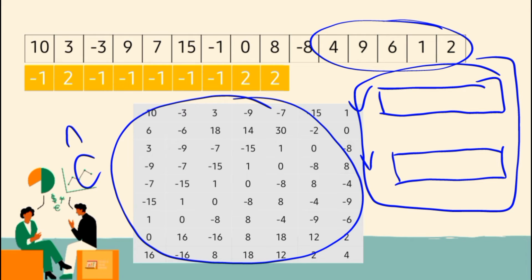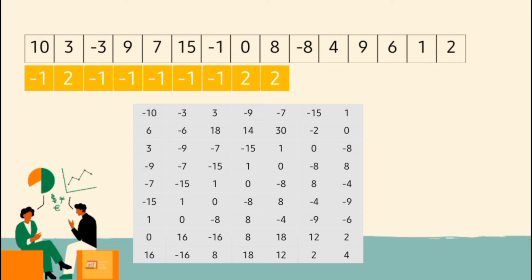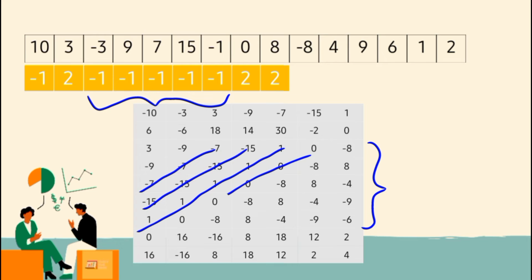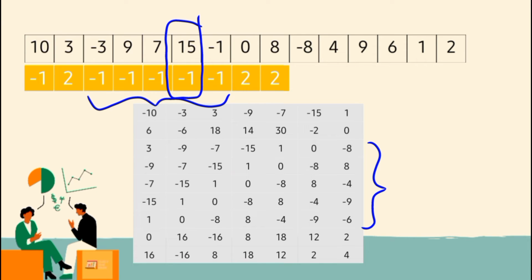Because let me show you this. For example, from the third element to the seventh element, they are all -1. So from the third row until the seventh row, we see a pattern here. It's like the values are shifting. So let's see here. -1 times 15 is -15, and we do that in our first convolution operation.